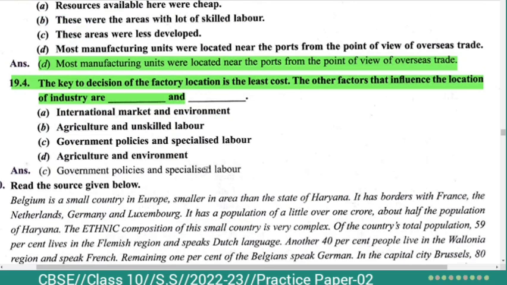C. Government policies and specialized labor. D. Agriculture and environment. Here the correct answer is option C. The other factors that influence the location of industry are government policies and specialized labor.